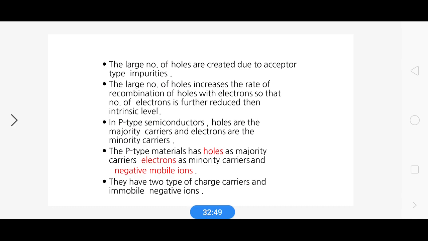So a large number of holes increases the rate of recombination of holes with electrons, so that the number of electrons is further reduced than the intrinsic level.